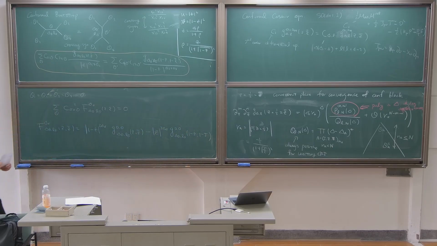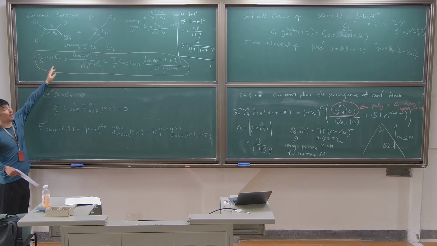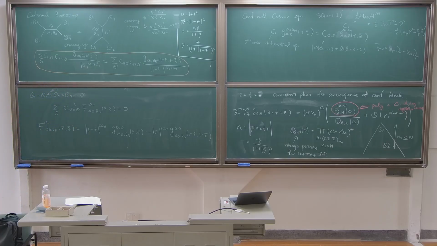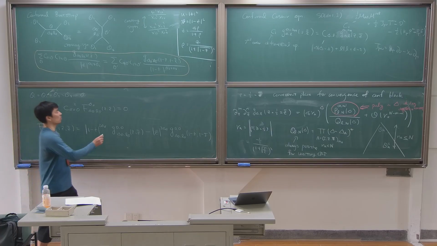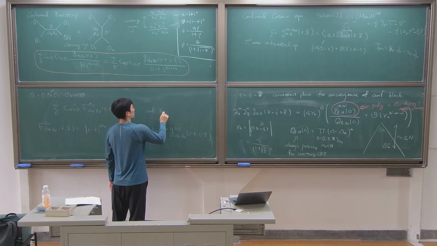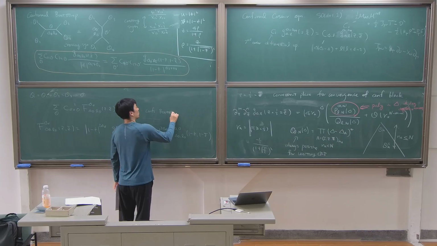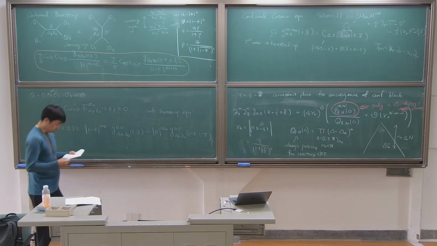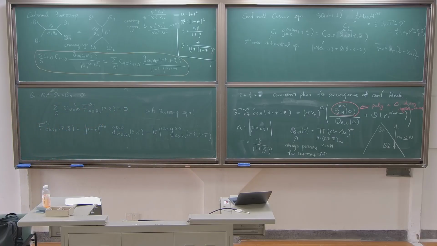Okay, so you just set 1, 2, 3, 4 all the same, and then you just write down the equation. So this is called the conformal bootstrap equation. We want to solve it, and we would like to understand what the meaning of this conformal bootstrap equation is.